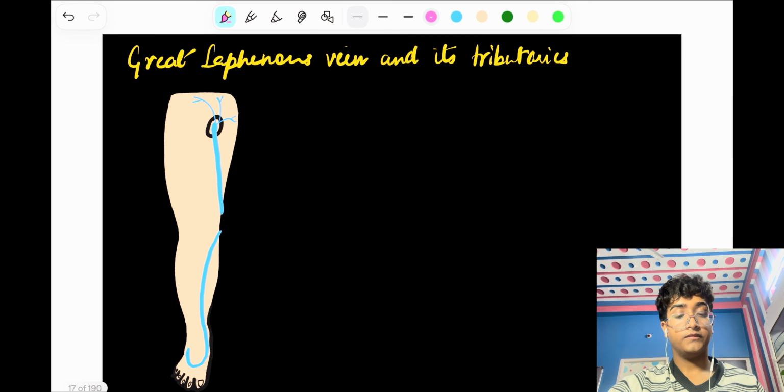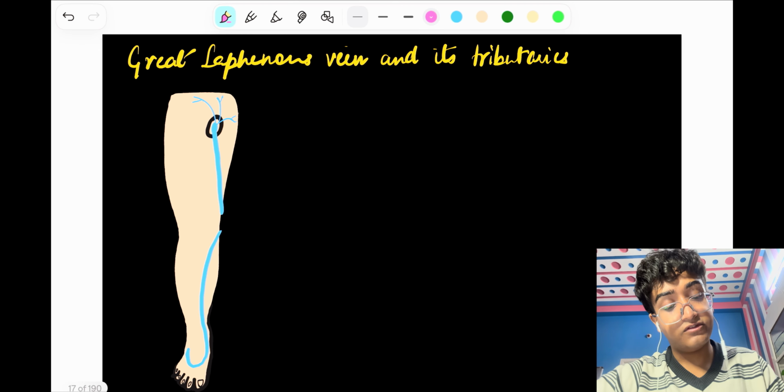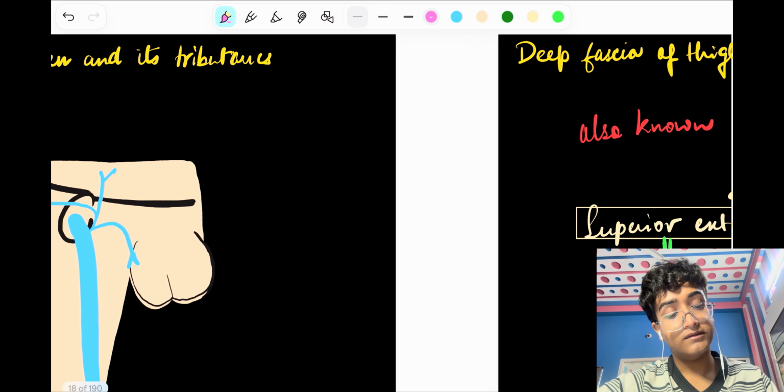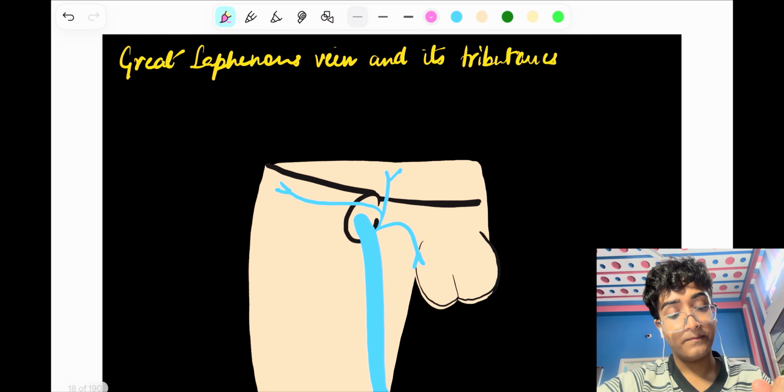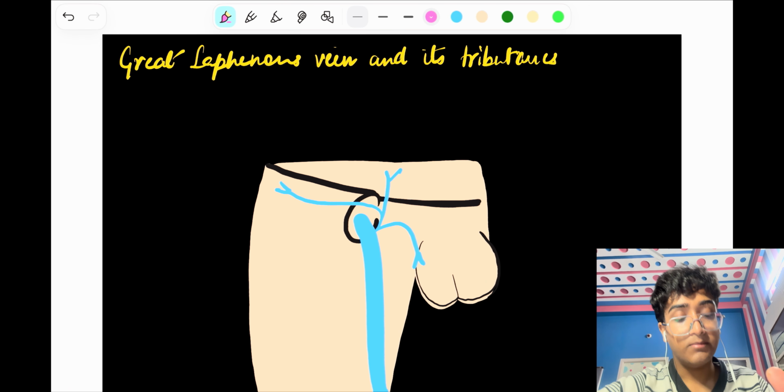So we are done with the cutaneous nerves, cutaneous arteries, and superficial inguinal lymph nodes, and now let's go to the superficial veins. There are 2 major superficial veins, the great saphenous vein and the small saphenous vein. But in the anterior of the thigh, we only find the great saphenous vein, so we will be discussing the great saphenous vein here.